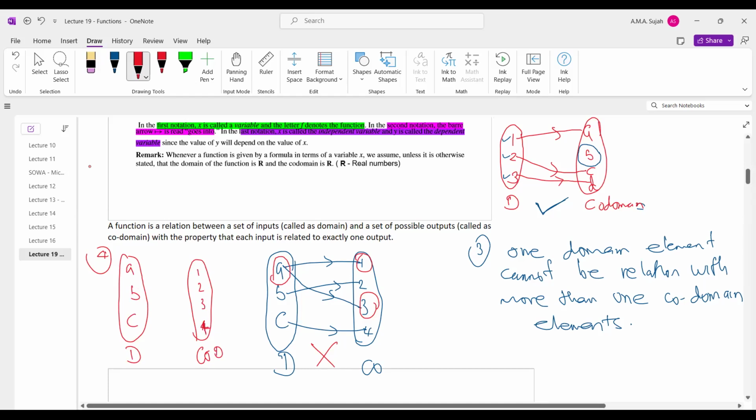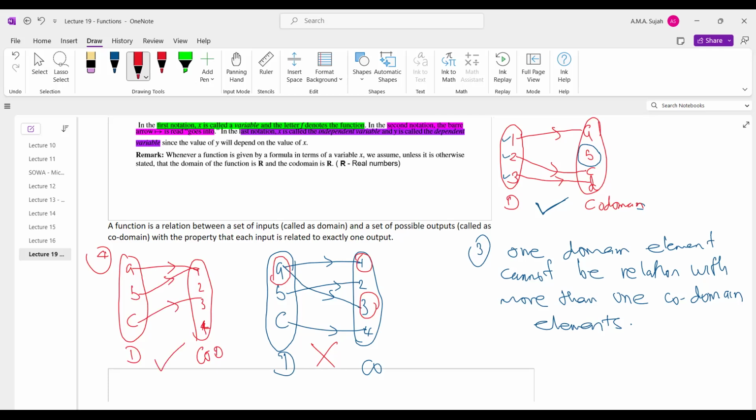The fourth point says that in the previous case, one domain element cannot have a relation with more than one codomain element, but one codomain element can have a relation with two domain elements. This is possible, so now this is a function.